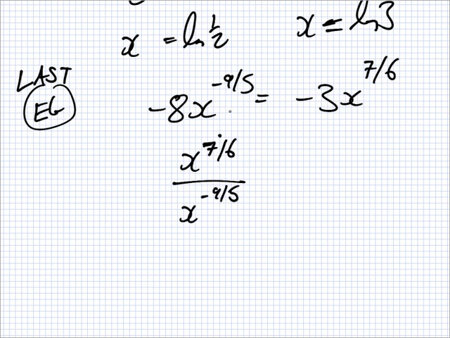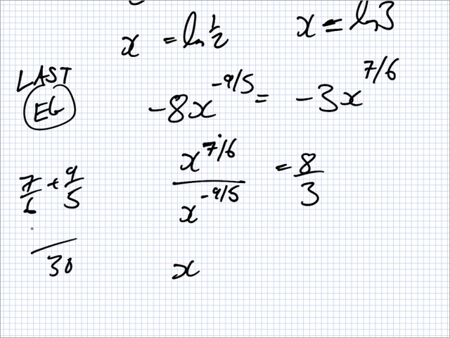If I bring that down, equals 8 over 3. 7 sixths plus 9 fifths, goodness, what's that? That's 35 plus 54, so 89 over 30, is it? So 89 over 30 equals 8 over 3.